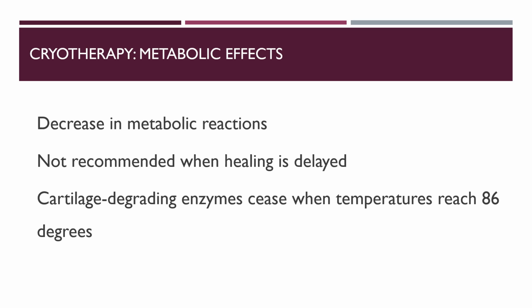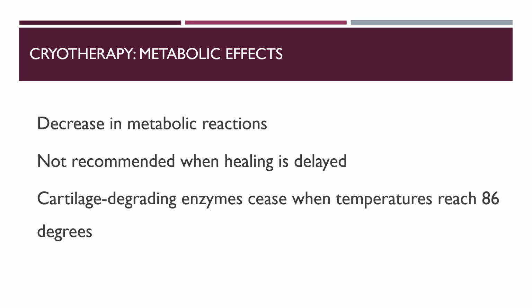It's also not recommended when you have delayed wound healing. So if we have something like delayed wound healing or an open wound, we want the metabolic rate to actually increase, right? In order to produce more collagen fibers and a lot of these other structural cells that are going to help heal the wound, heal the tissue.